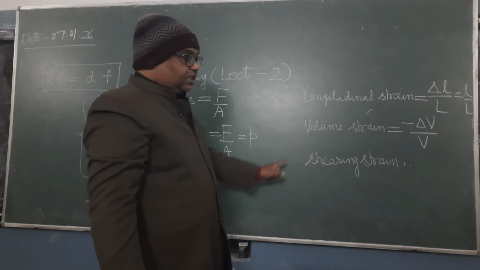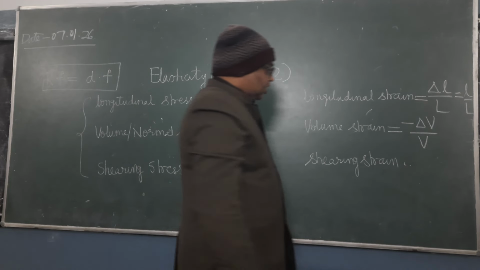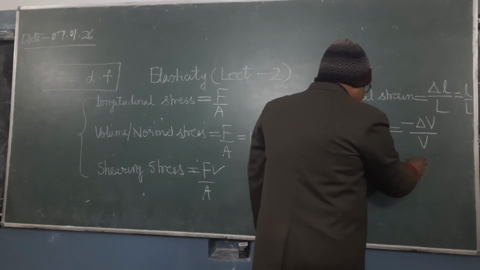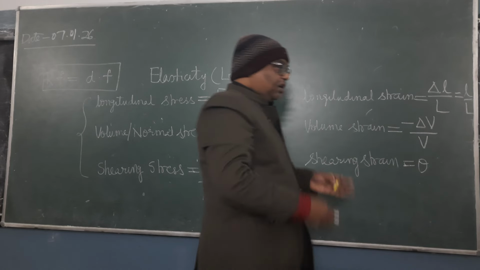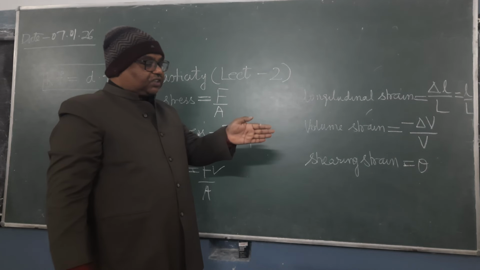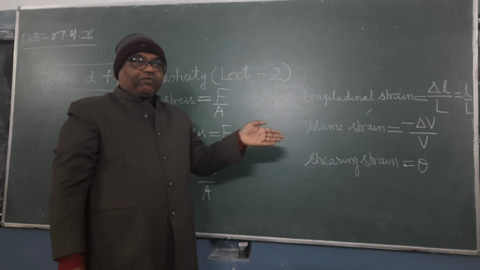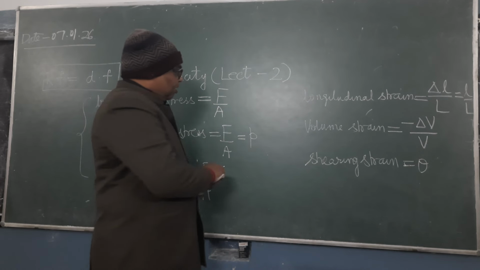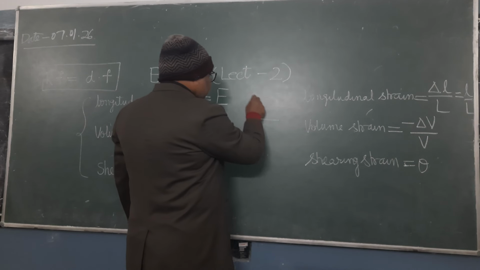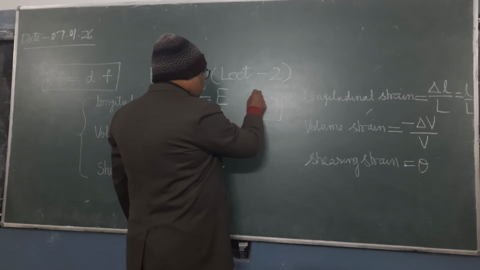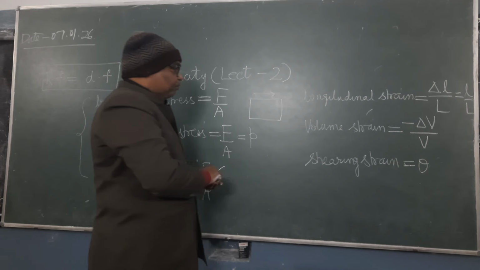And here shearing strain. What is the shearing strain? It is measured by the angle by which the vertical surface is tilted in the forward direction, in the direction of the deforming force. Suppose this is any body, here deforming force is acting in this direction. What will happen?